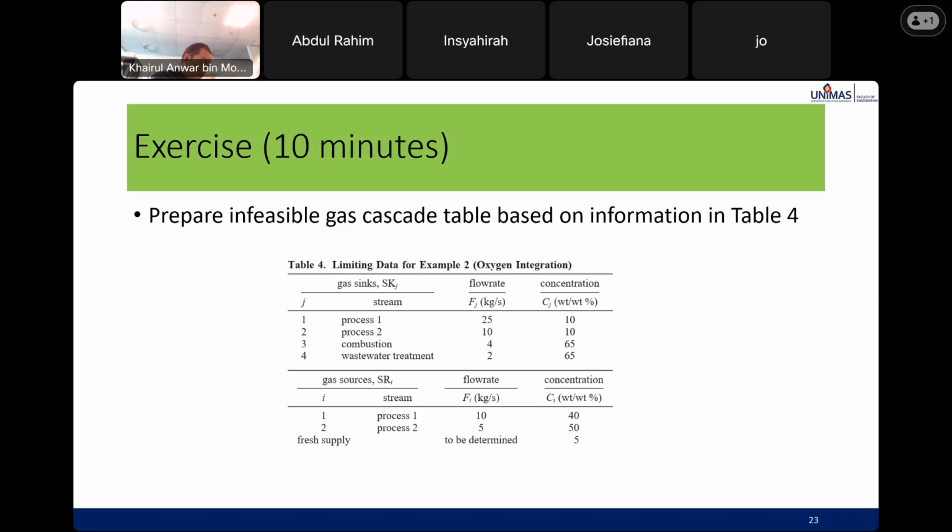So that FFK, the largest negative value, will tell you what is the fresh gas supply, or in this case, fresh oxygen supply, to be used in the feasible gas cascade table.